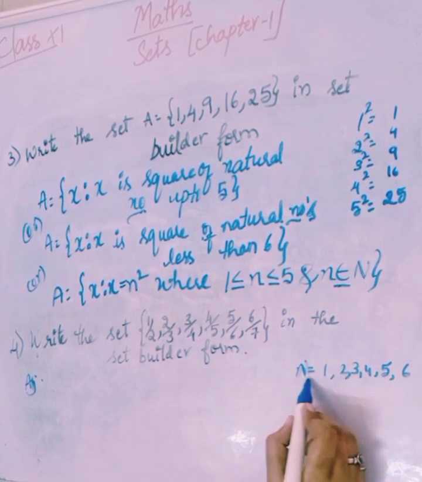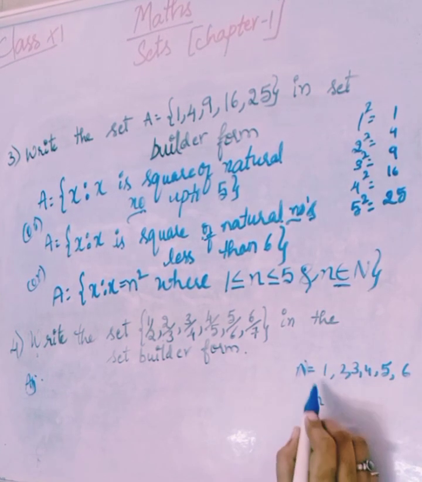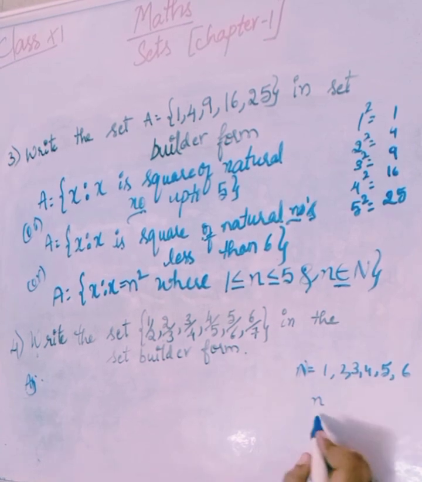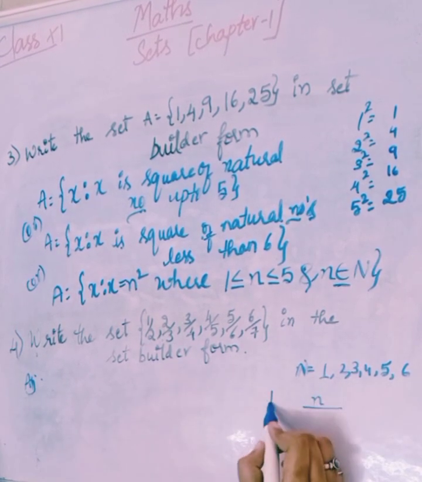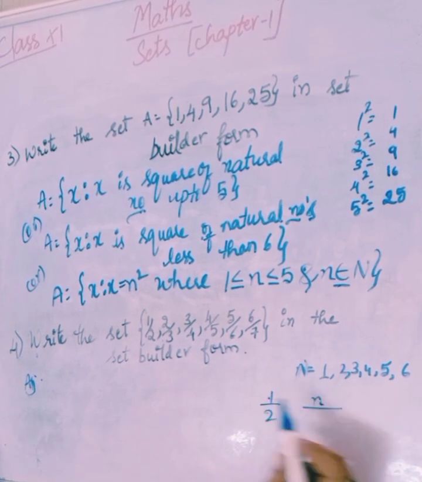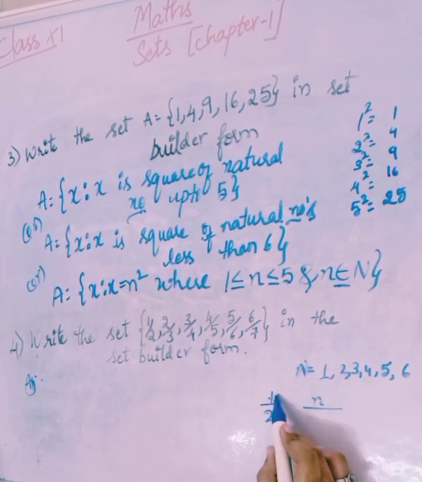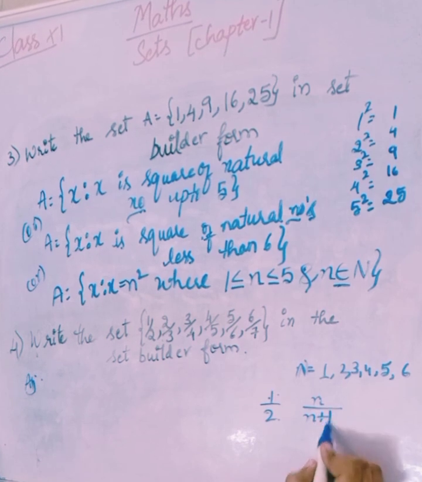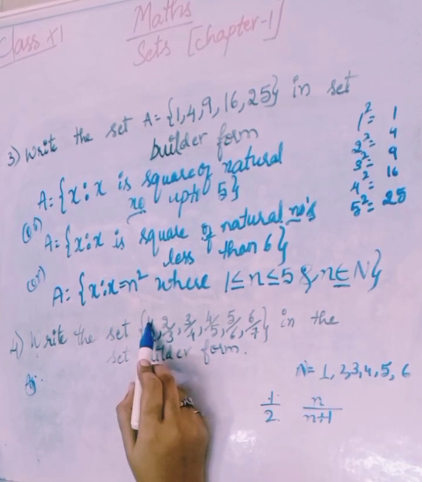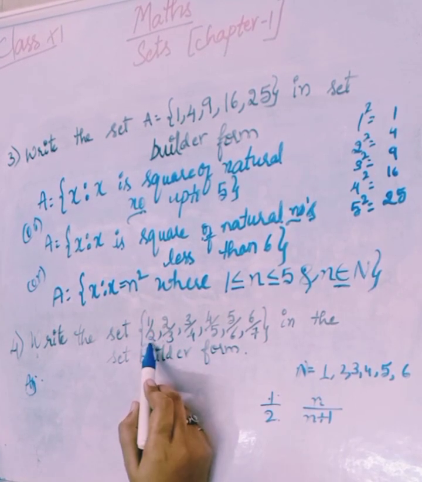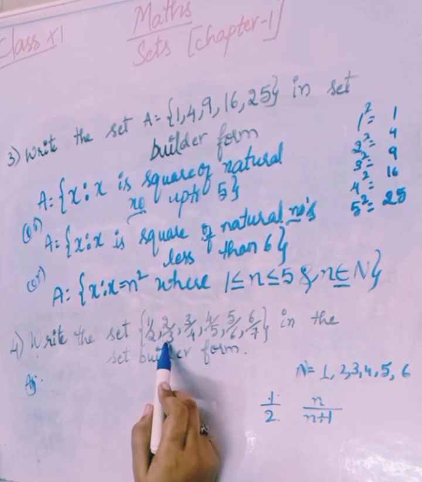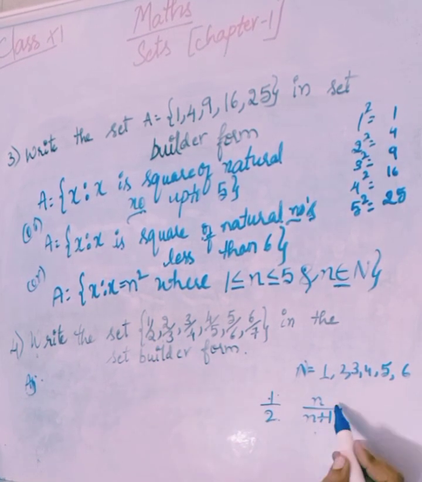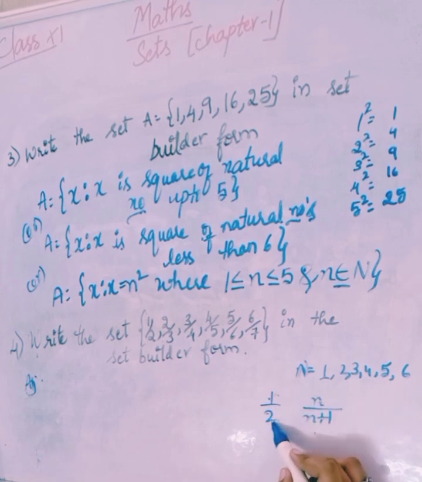I'll take these natural numbers as n, divided by the denominator. For the first one we have 1 by 2. N is 1, and down we have 1 more than that, n plus 1. If n is 1, down it will be 2, that is 1 plus 1. Here we have 2, and 2 plus 1 is 3. That means n by n plus 1. If n is equal to 1, it is 1 by 2. If n is equal to 2, it will be 2 by 3.